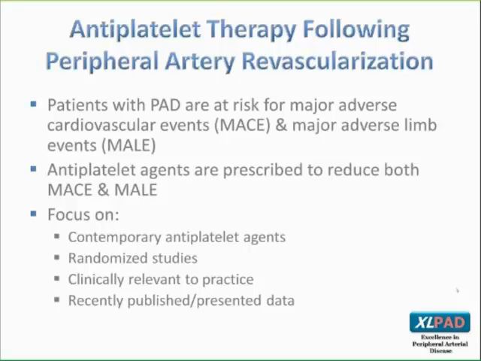Number 3 is that I've tried to take on studies which are relevant to endovascular interventions today, the way we practice it. And finally, I've stressed more recently published data and tried to stay away from historical evidence, though that is equally important. But given the scope of our presentation, I think it will be quite difficult to tackle each and every study that each one of us has been familiar with. So with that prelude, let's get right into the data.